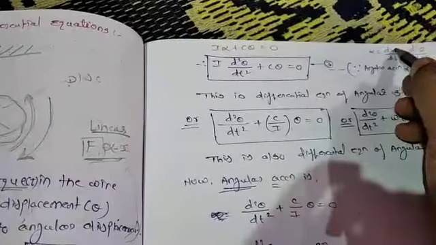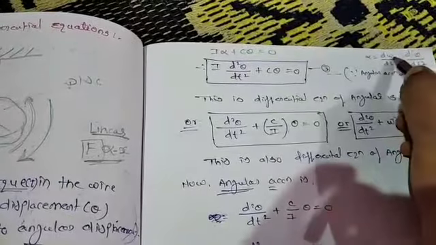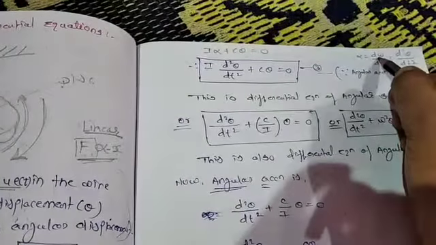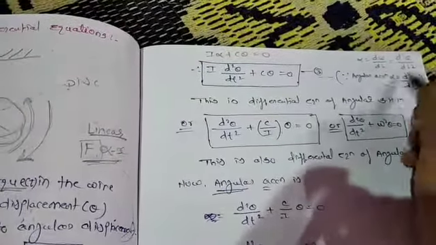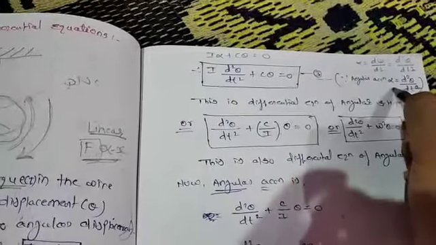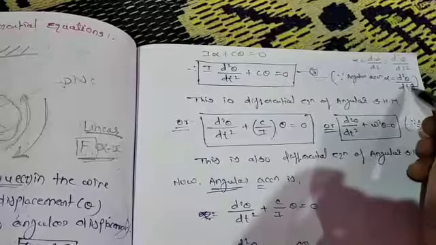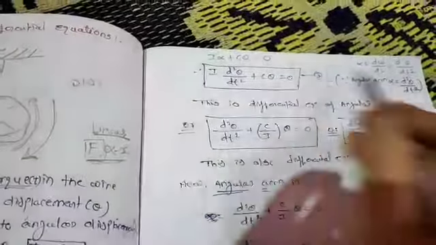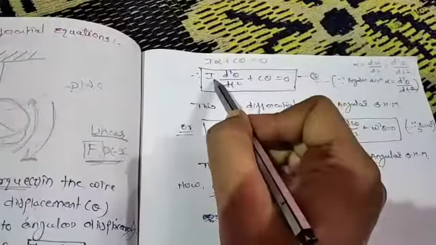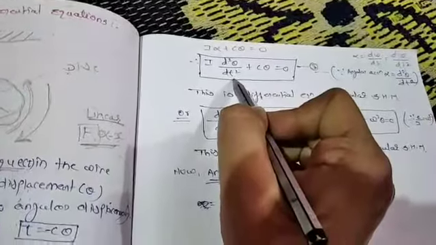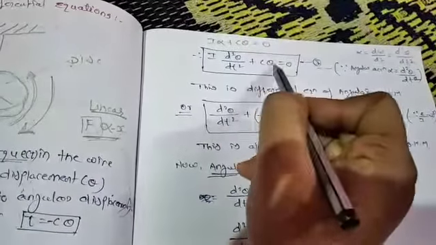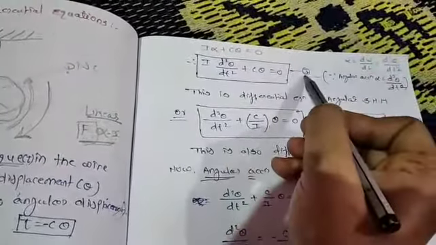This is the rate of change of velocity with respect to time, and velocity is the change in displacement with respect to time. So the acceleration in the form of displacement becomes d square theta upon dt square. So we'll write this value here: I into d square theta upon dt square plus C into theta as it is. This is equation number 3.